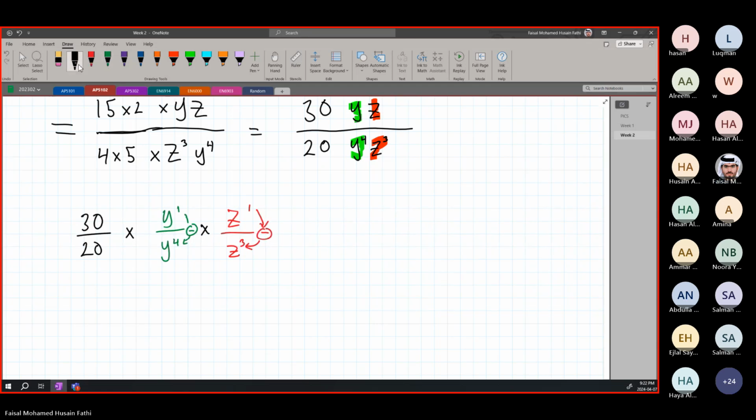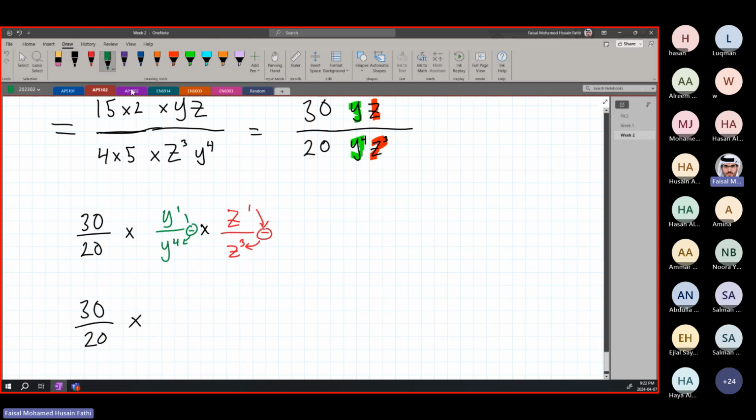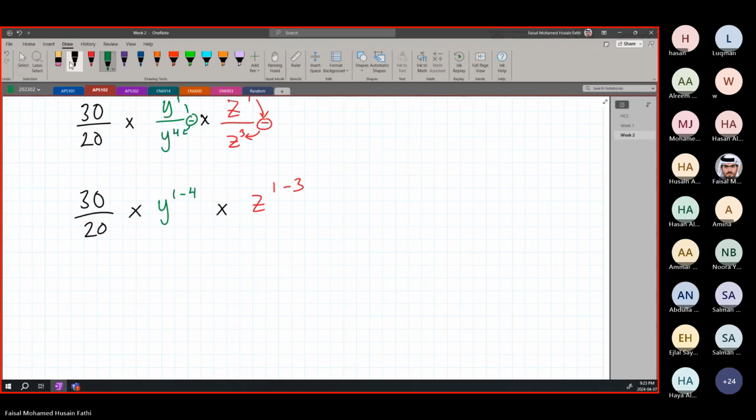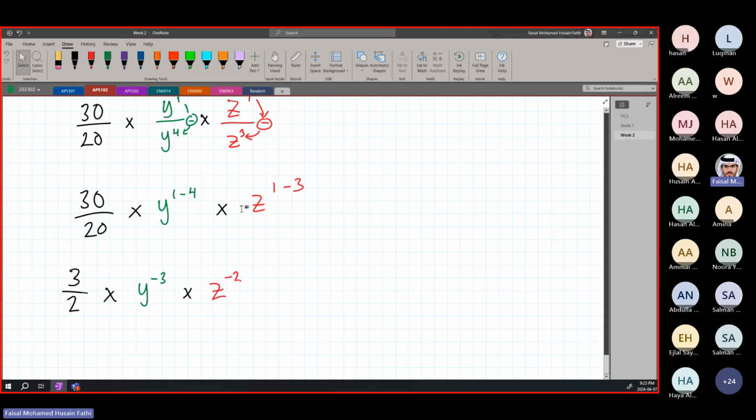So 30 over 20, we'll look at it later, times y 1 minus 4 times z 1 minus 3. 30 over 20, again, I'm just going to simplify this to 3 over 2. Keep it on the side. y 1 minus 4 is y to the power of minus 3 times z, which is 1 minus 3, minus 2.